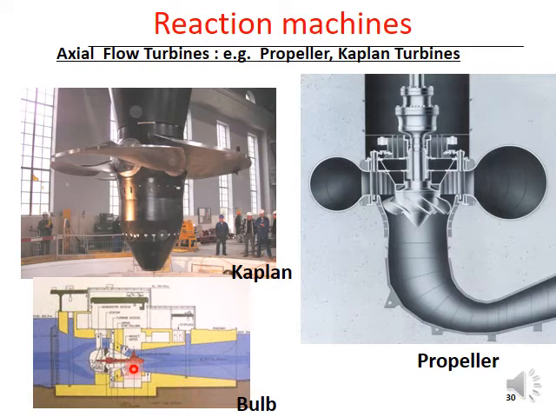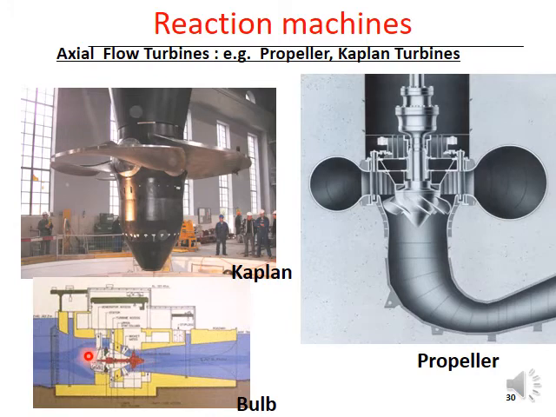What you can see here is another installation, especially in small hydropower installations. You have what we call bulb turbines. Here again, the impeller is an axial flow type impeller. Flow is arranged to pass through this impeller, and what the difference in this is that the generator is also encased here.